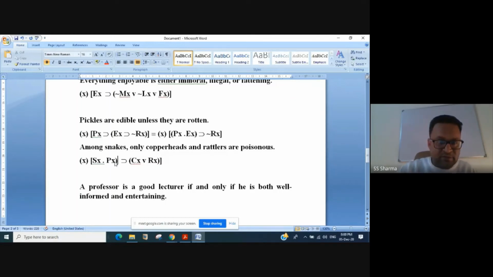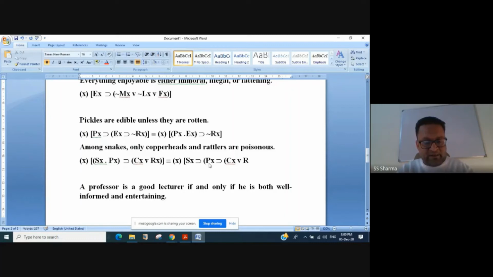So I can put the brackets over here like this, and it is also equivalent to this expression, which will say for all x, if x is a snake, then, okay, I have to put it like this, then if x is a snake, then if x is poisonous, then x is either a copperhead or a rattler.